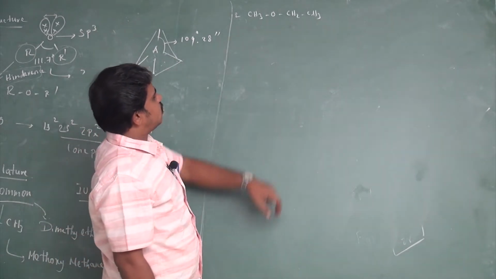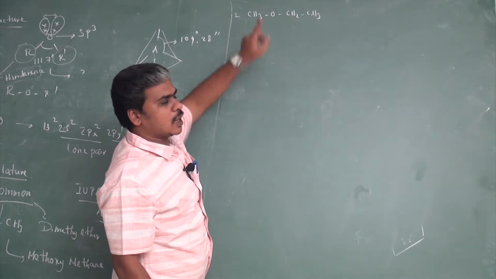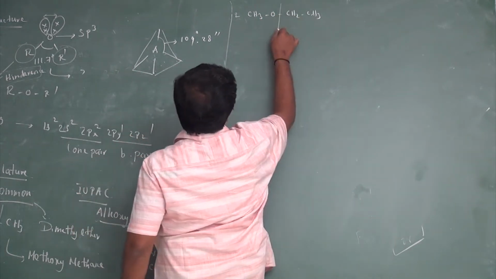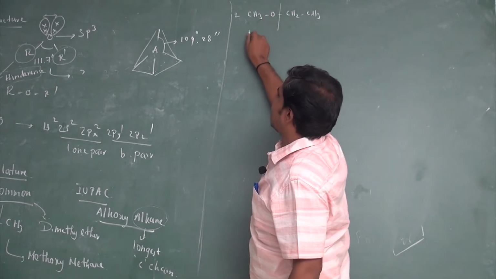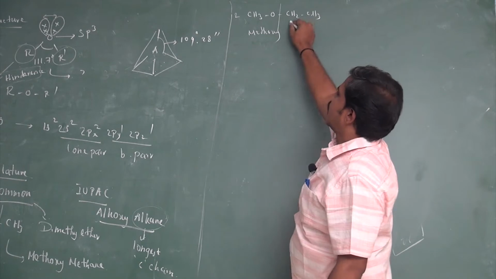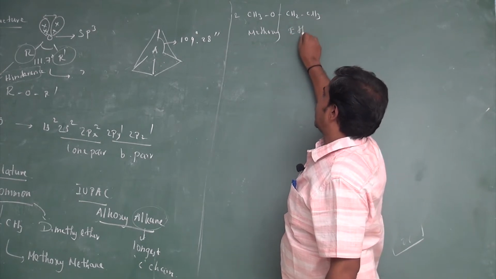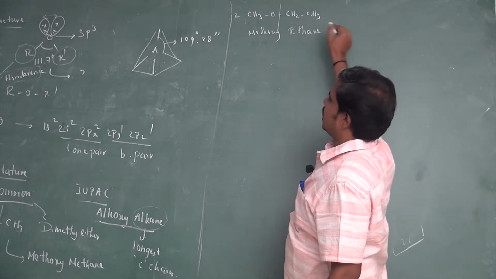The lower carbon chain is considered as alkyl plus oxy, alkoxy. So methyl plus oxy is methoxy, then it is ethane. So the IUPAC name is methoxyethane.